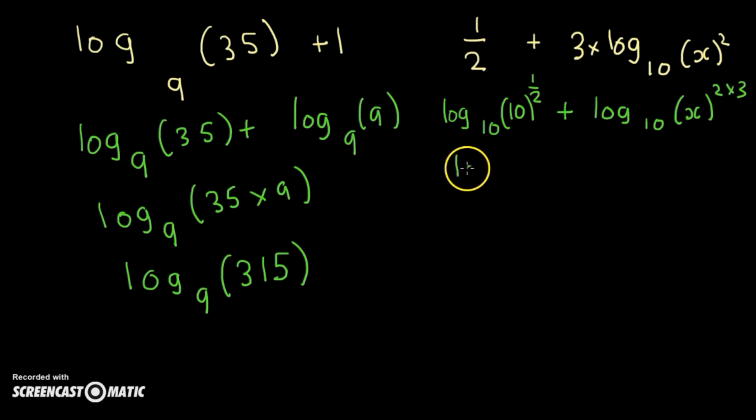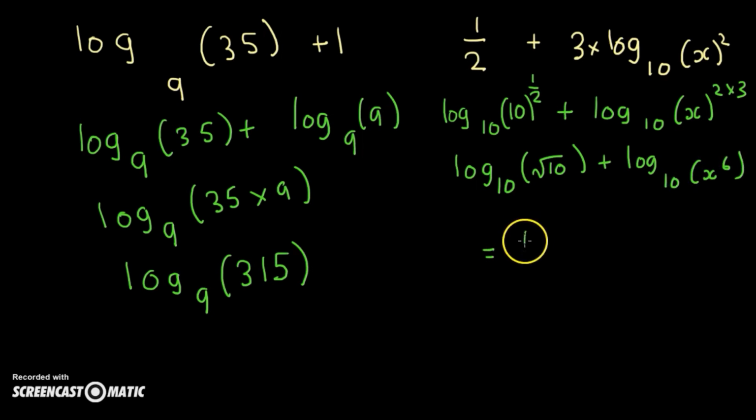So that becomes log base 10 of the square root of 10, plus log base 10 of x to the power of 6. And that simplifies down to log to the base 10 of the square root of 10 times x to the power of 6.